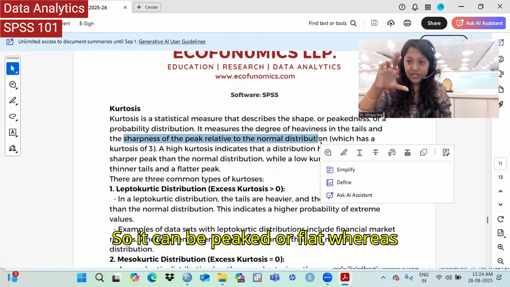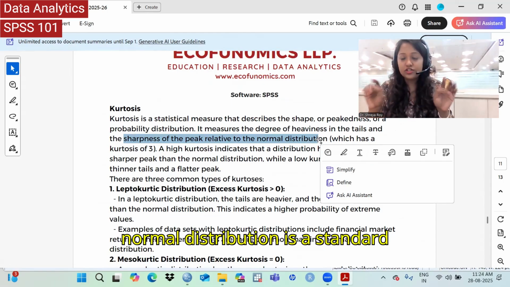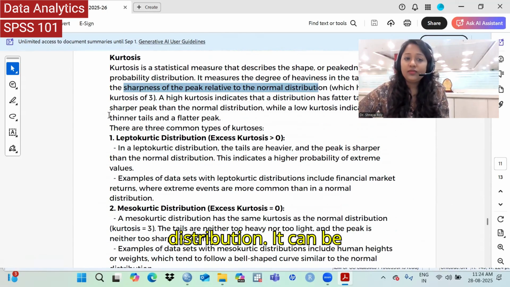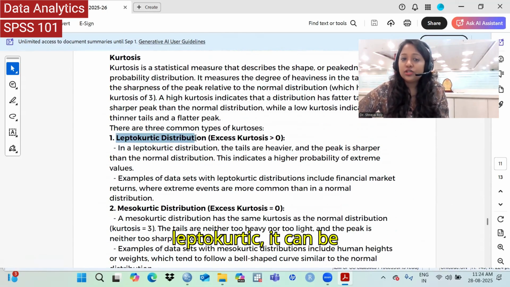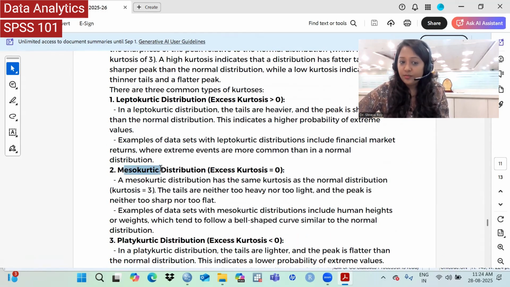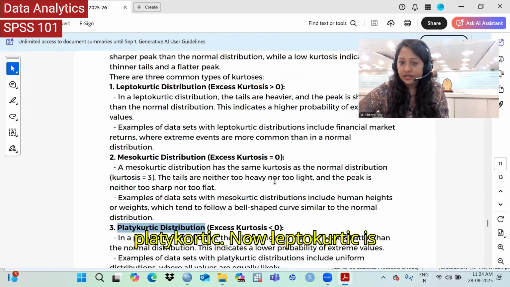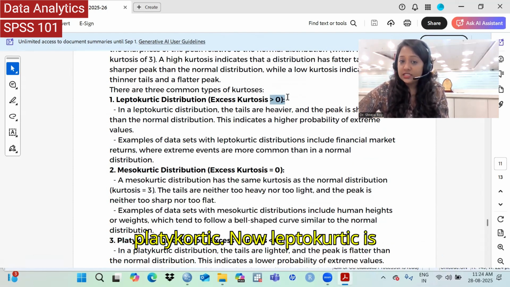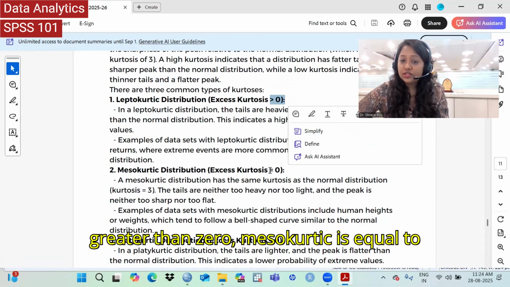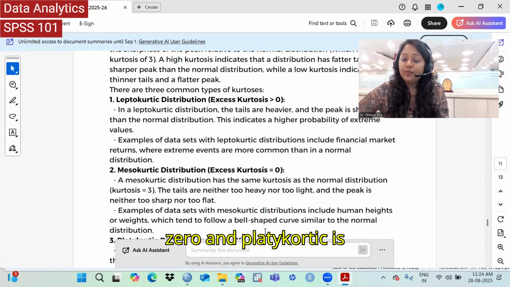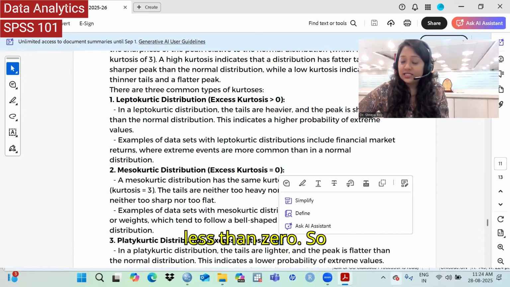So it can be peaked or flat, whereas normal distribution is a standard distribution. It can be leptokurtic, it can be mesokurtic, or it can be platykurtic. Now, leptokurtic is greater than 0, mesokurtic is equal to 0, and platykurtic is less than 0.